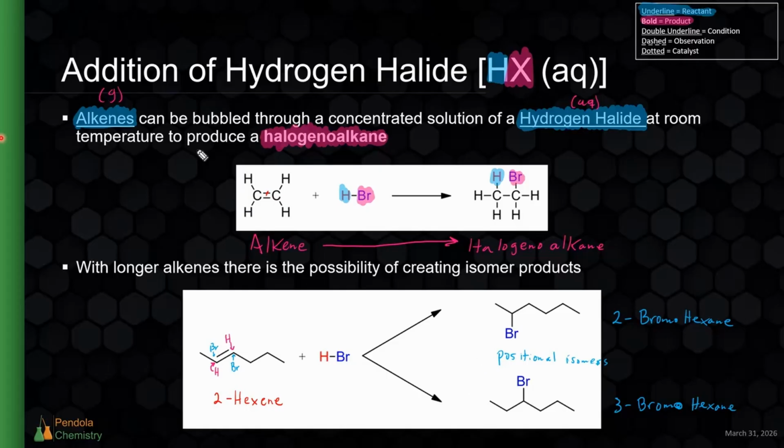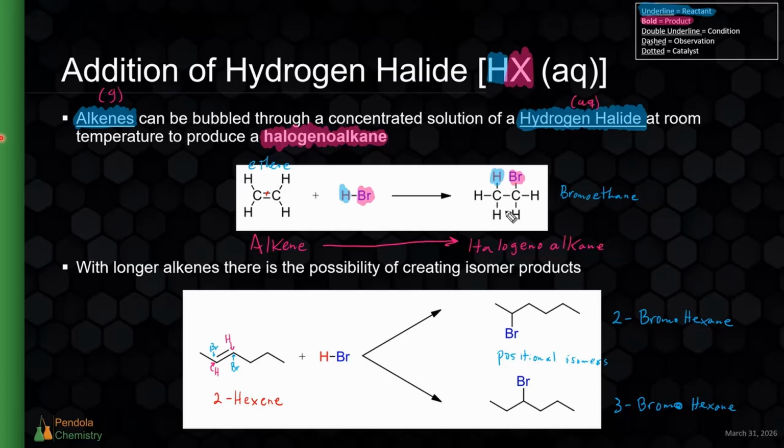But it does depend on the alkene, because if we did that with ethene, which we had in the first example, it doesn't matter whether we add bromine to this carbon or this carbon, because we will get the same molecule. We will get just bromoethane. Notice I'm not putting a number, because if I put the bromine on this carbon, it will still be bromoethane.